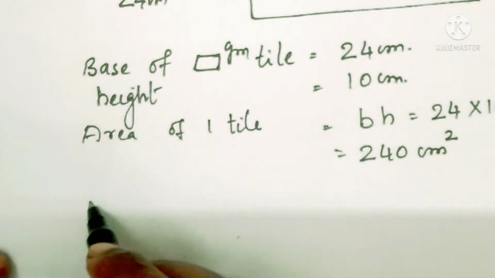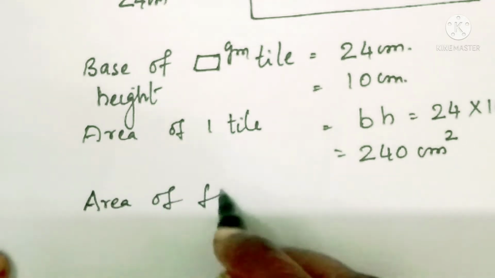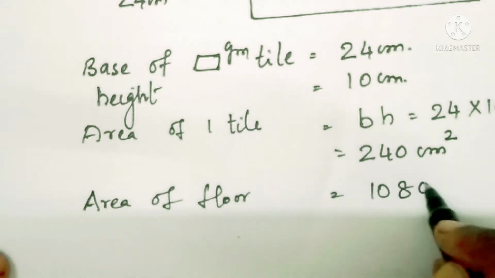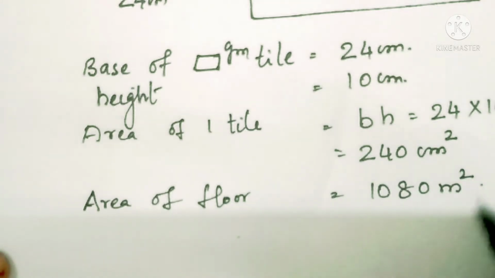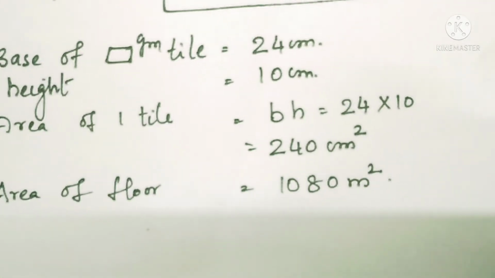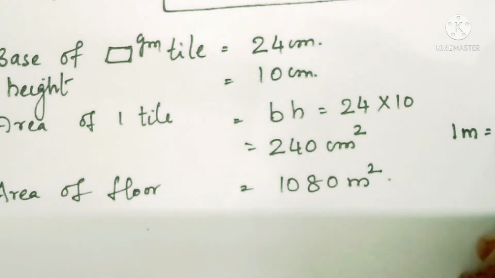Now what is given? The area of the floor is equal to 1080 meter square. Now in 1 meter square how many centimeter square will be there? See children, 1 meter means 100 centimeter.